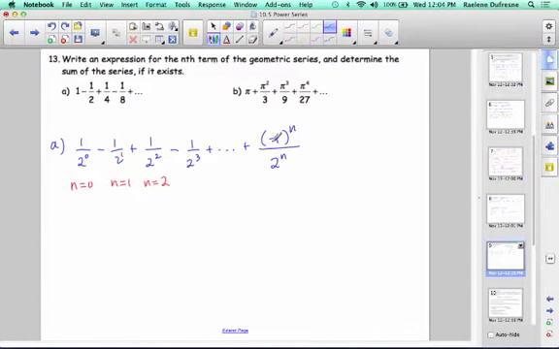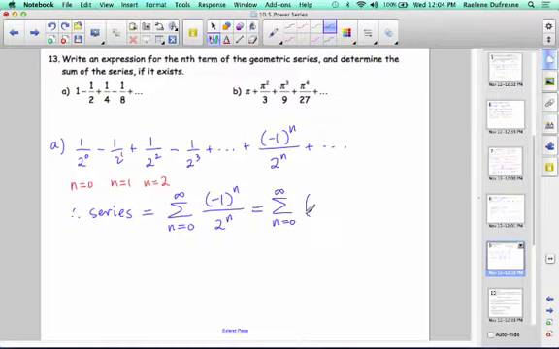If n is 1, -1 to the 1 is negative. And so that looks like our general term. So therefore the series will be given by the sum from n equals 0 to infinity of -1 to the n over 2 to the n. And so we see that the variable is in the exponent. We could also rewrite this as the sum from n equals 0 to infinity of -1/2 to the exponent n.